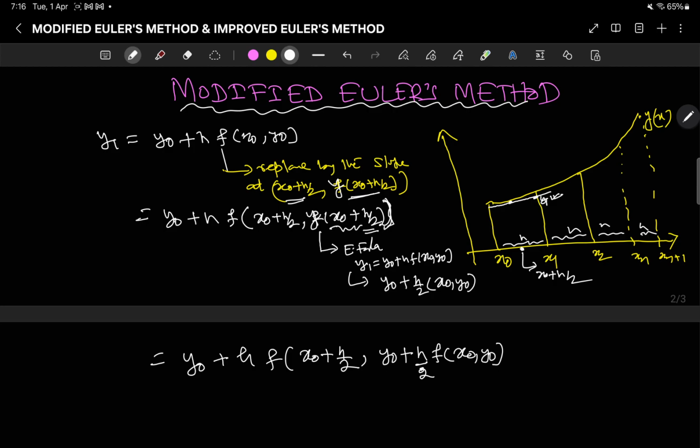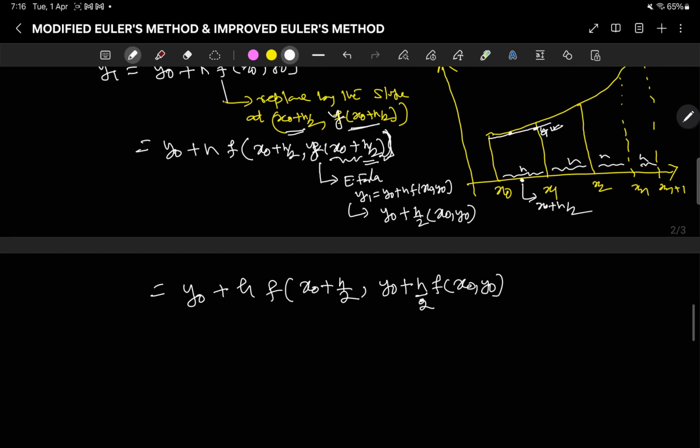Now if I set k1 equal to hf(x0, y0), then this term will be my k1 by 2.